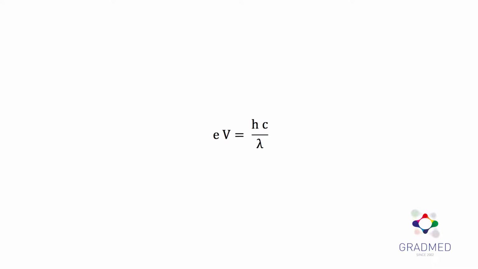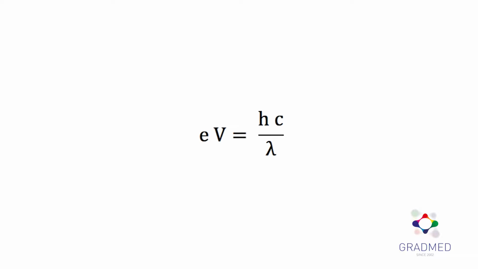Again, the exam might ask you to use this equation given some values, but the key point of interest is that as the accelerating voltage V increases, then the wavelength, lambda, of the X-rays must decrease. This is of course what we would expect, as we know the frequency and the wavelength are inversely related.